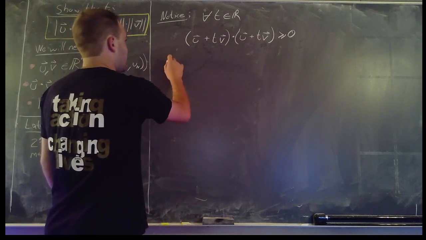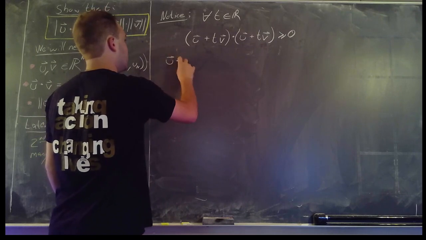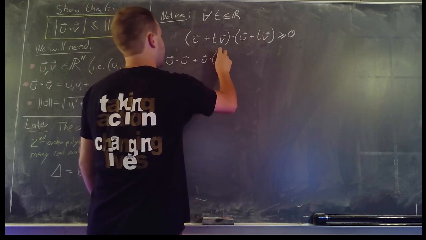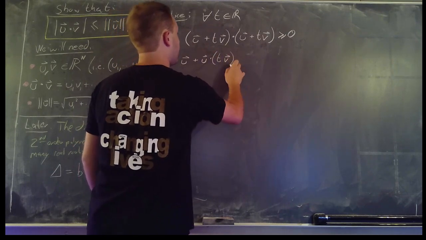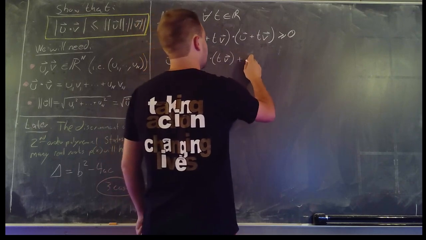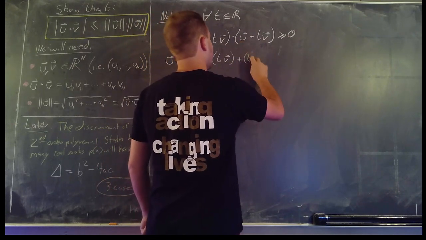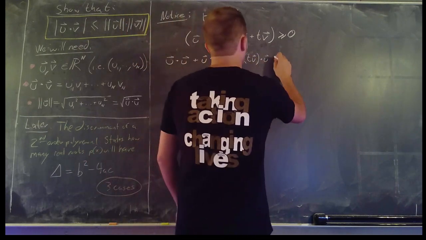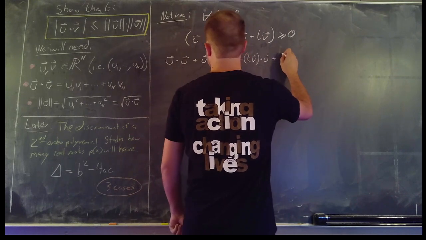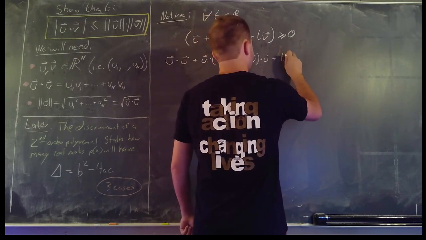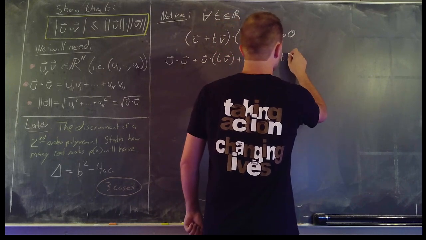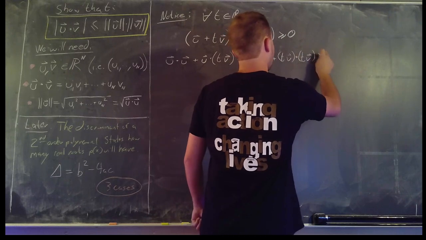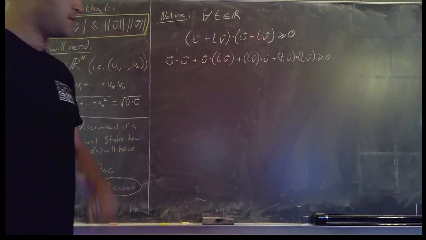we will arrive at u dotted with u plus u dotted with tv plus tv dotted with u plus tv dotted with tv, which is greater than or equal to 0.